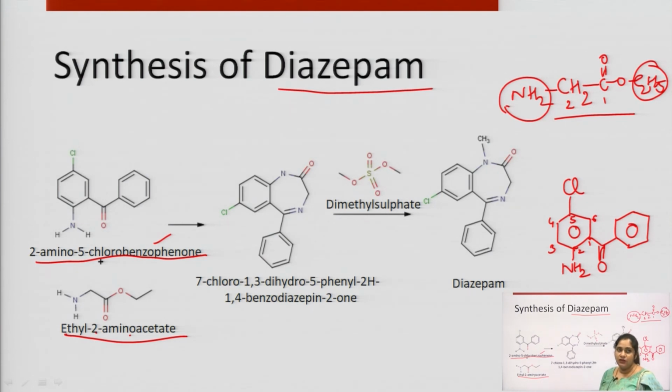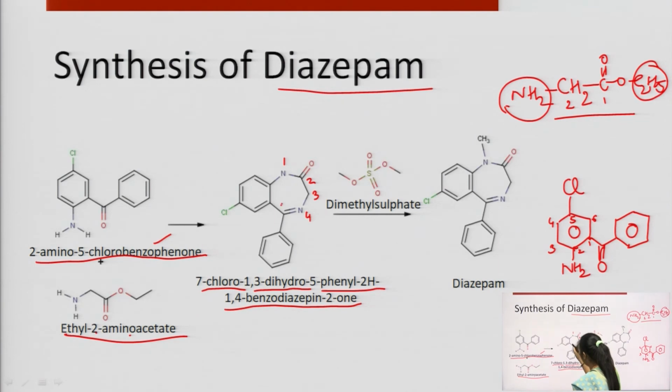When we react these two, that will lead to fusion of the ring, and 7-chloro-1,3-dihydro-5-phenyl-1,4-benzodiazepine-2-one is formed. Let us start its numbering: 1, 2, 3, 4, 5, 6, 7, 8, 9. At position number 7 there is chloro.